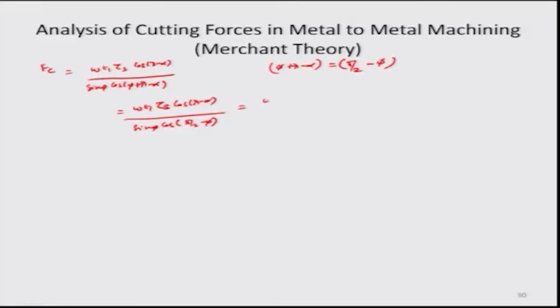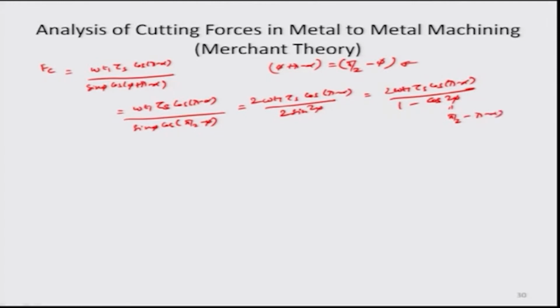In other words, this can be represented as sine square phi, and sine square phi, if I just multiply numerator and denominator by 2, can also be written as 2 W t1 tau s cos of lambda minus alpha divided by 1 minus cos of 2 phi. Okay. So, cos of 2 phi obviously is nothing but, again if I look at this particular equation, pi by 2 minus (lambda minus alpha).